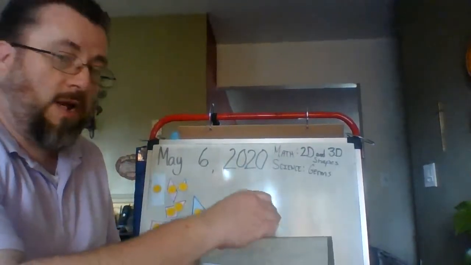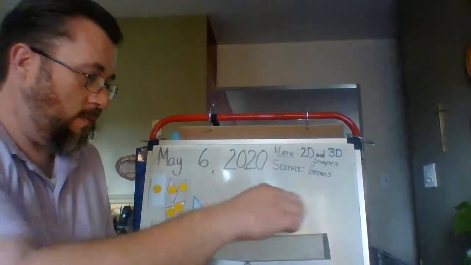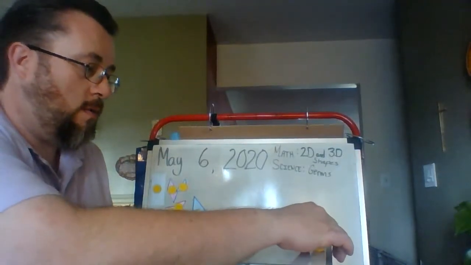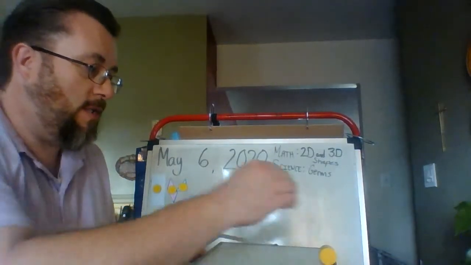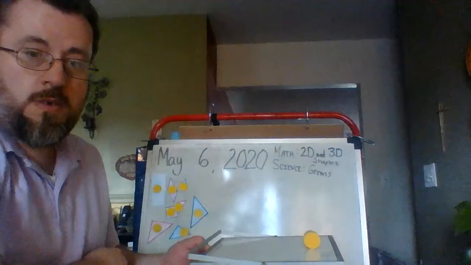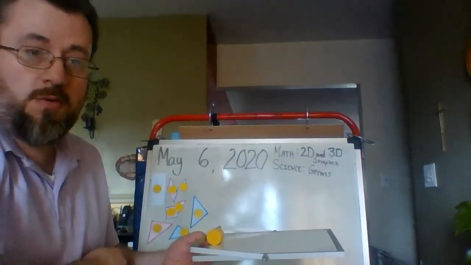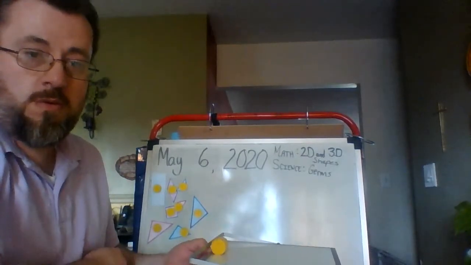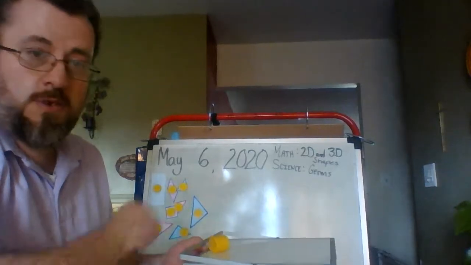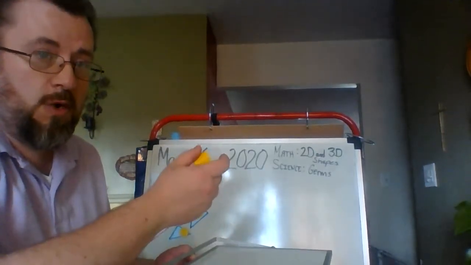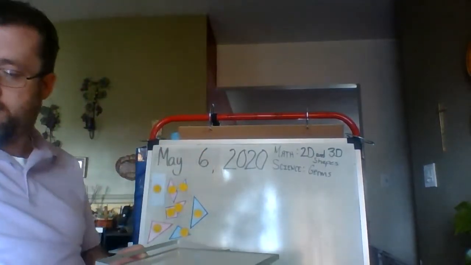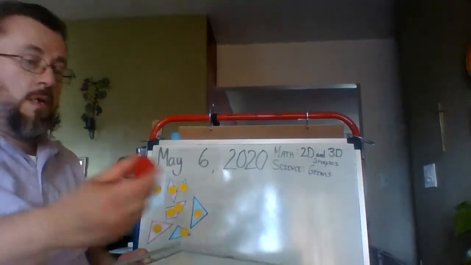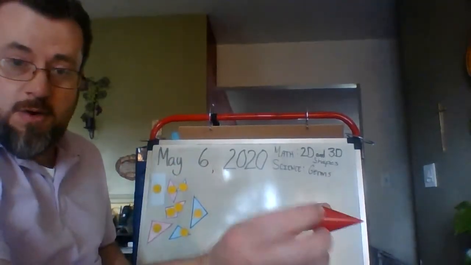However, if I put it on the round surface and I start it down here, it will also roll. So the cylinder can do both. Here I have an example of a cone.